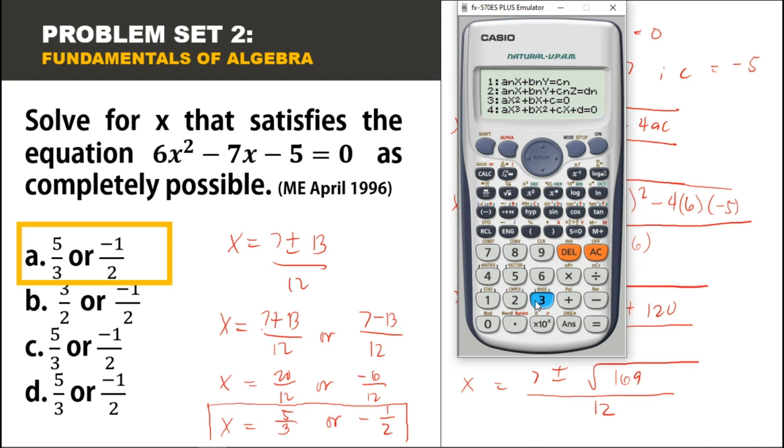So for 3, for the coefficient of x squared you have 6, for x you have negative 7, and for the constant you have negative 5. So you have 5/3 and negative 1/2.